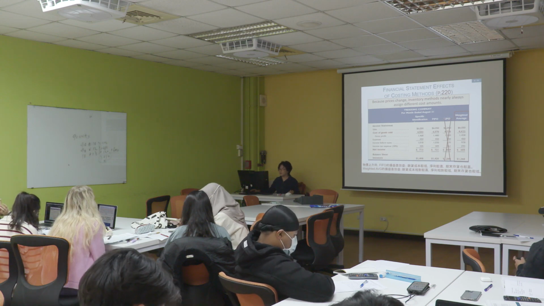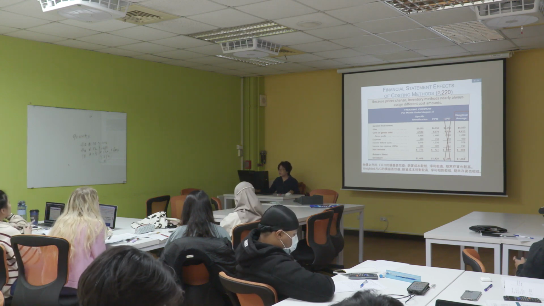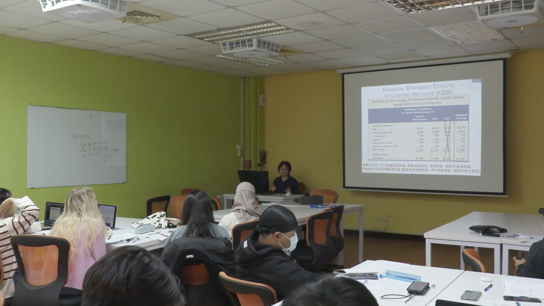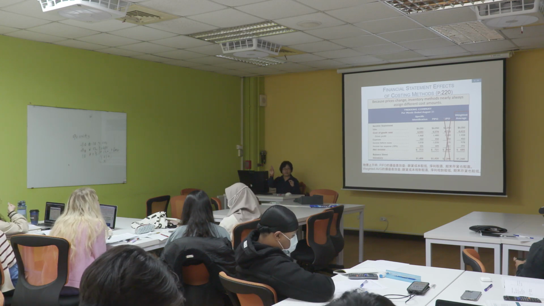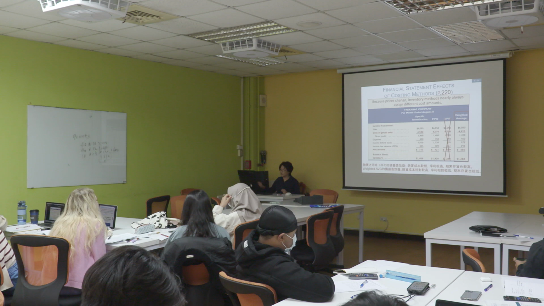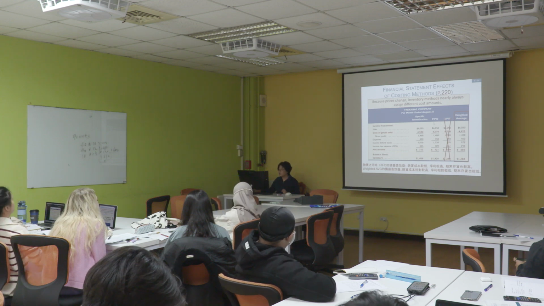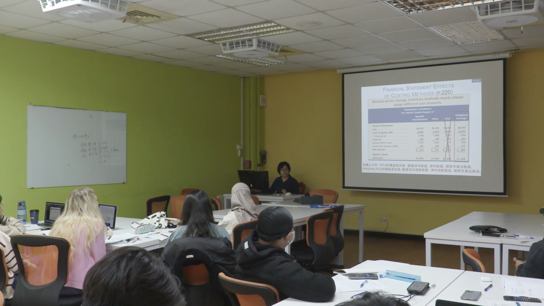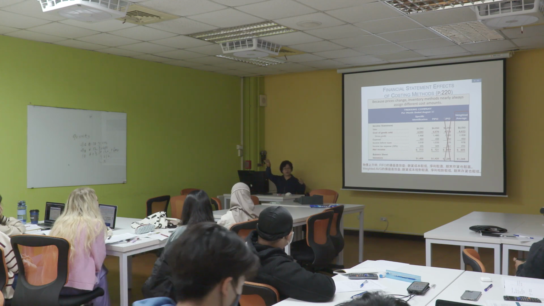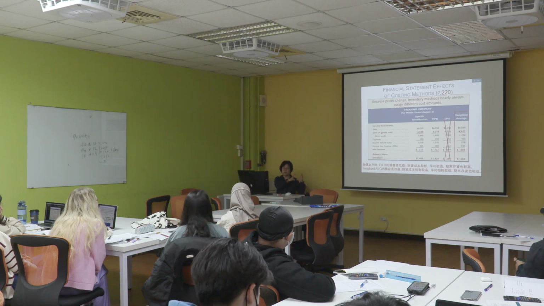Okay, let's see that we cross out the LIFO because in your book you will not see that anymore. So we have specific, FIFO, and weighted average, and assuming the condition is the price is going up. Okay, going up the price. So see, when you are using FIFO, the cost of goods sold is always the lowest, because cost of goods sold is using the lower price sold first.